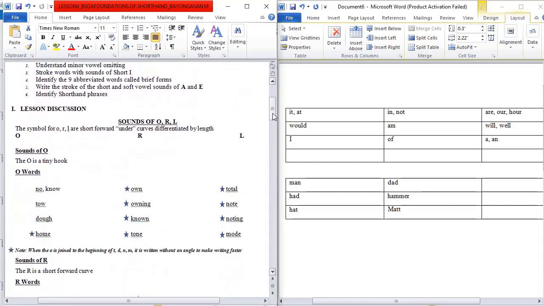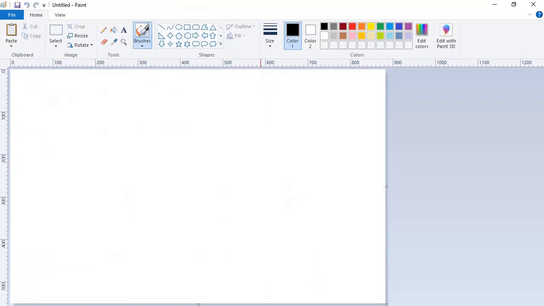So first, we have what we call the sound of ORL. So, recap lang dun sa nakaraang video natin, we have learned the strokes of A and E, T and D, N and M, H and ING, and then we have the I. Okay?